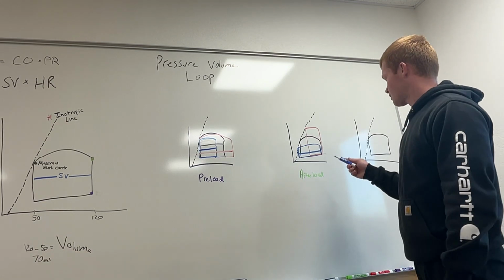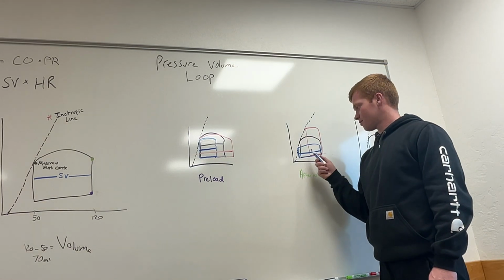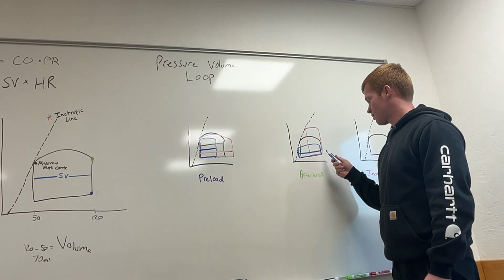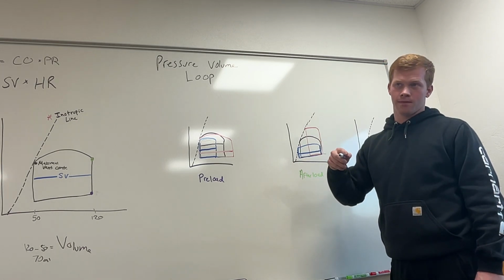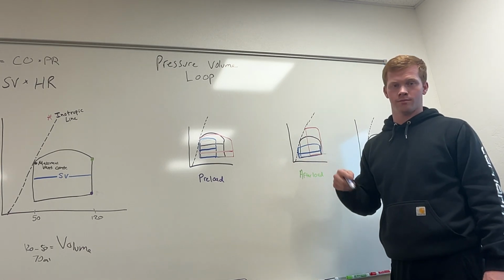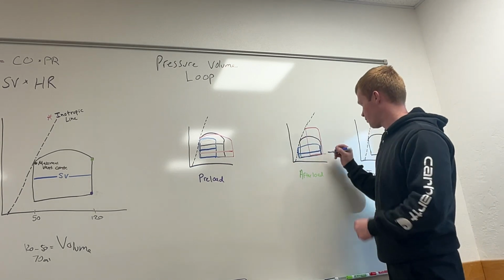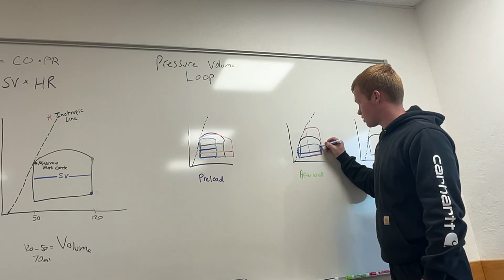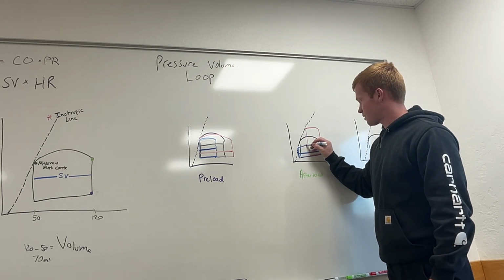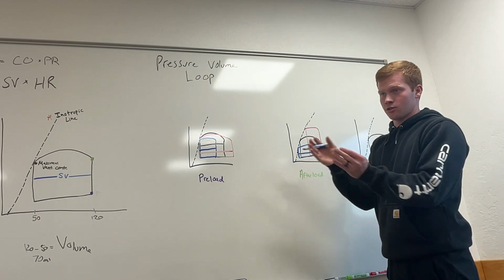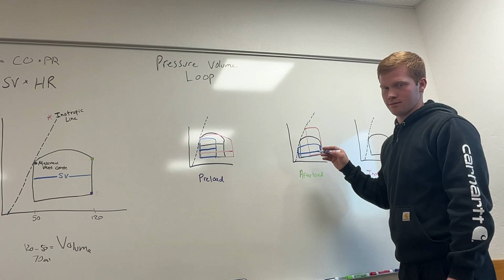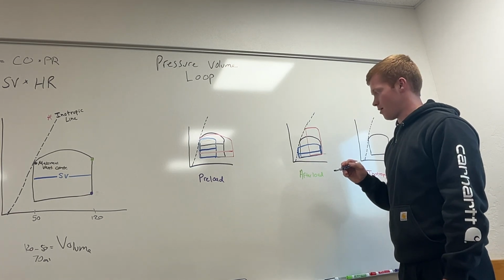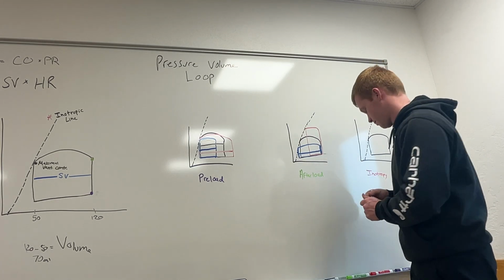Okay, so back to this. If we decrease afterload, decrease the resistance the heart has to overcome to pump blood out of the ventricle, it's going to have more energy to contract and push more blood out of the heart. So that's why the stroke volume increases.